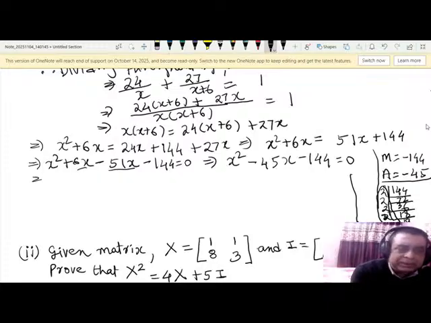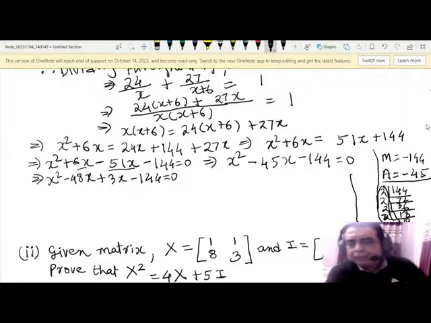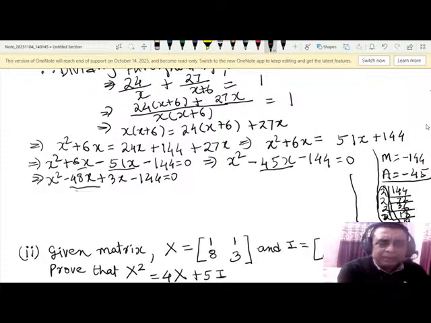So break up the middle term. x squared minus 48x plus 3x minus 144 is equal to 0. So minus 45x we have written as minus 48x plus 3x. Other terms I have copied down.